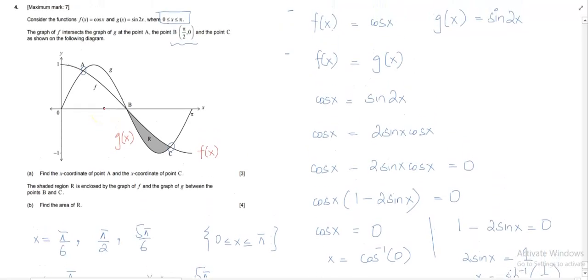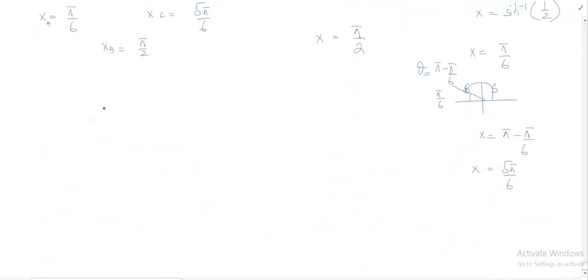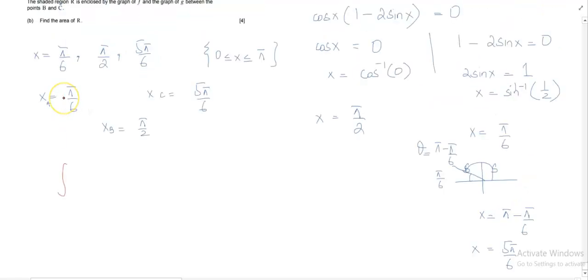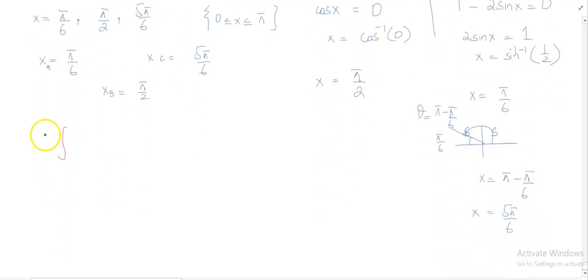So if I want to find out the shaded region, the way I can do that is I need to subtract g of x from f of x. If I do this, I will eventually get the shaded area, right?